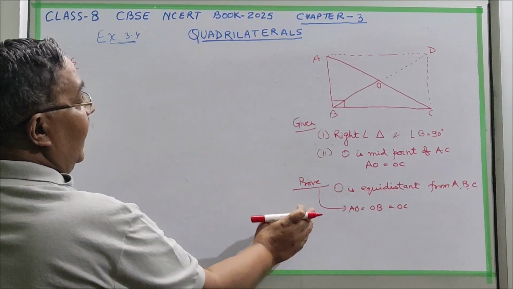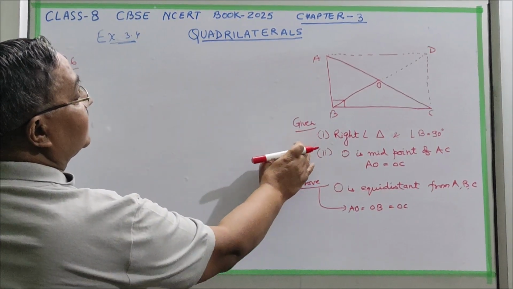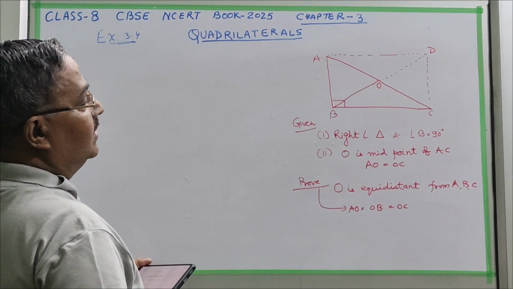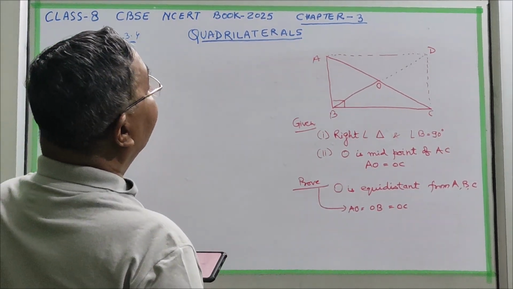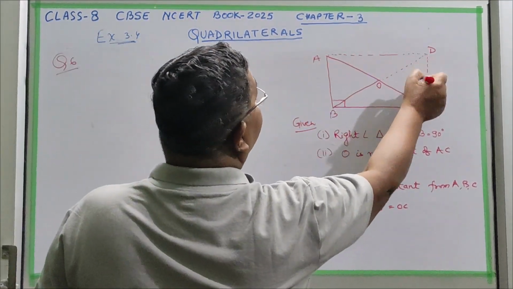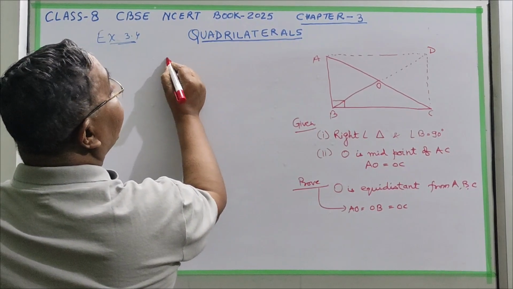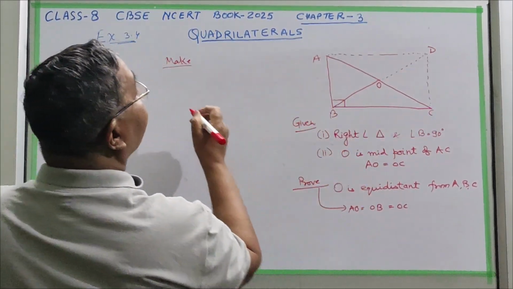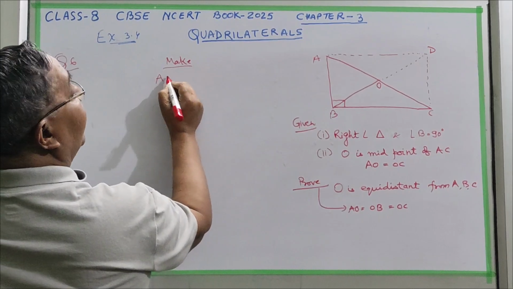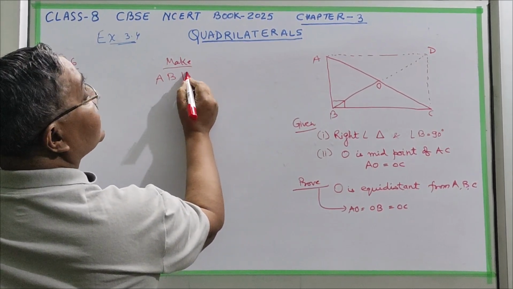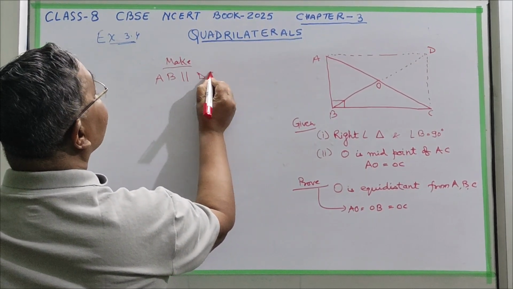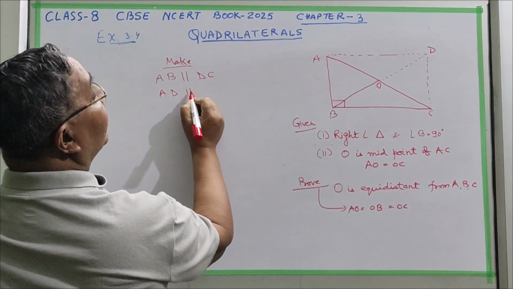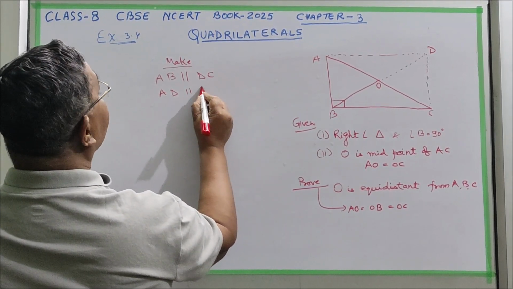The question is given, and these are the conditions given in the question, and this you have to prove. So here we will make this AD and DC lines in such a way that AB is parallel to DC and AD is parallel to BC.